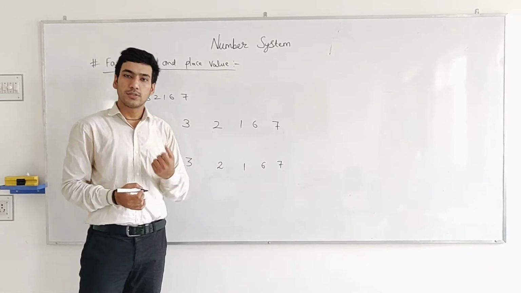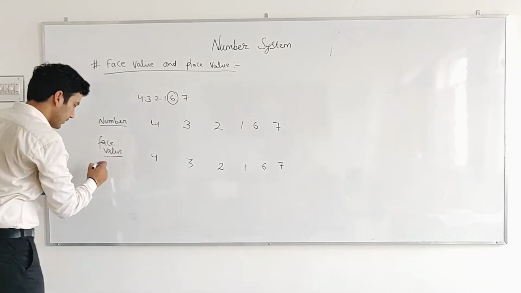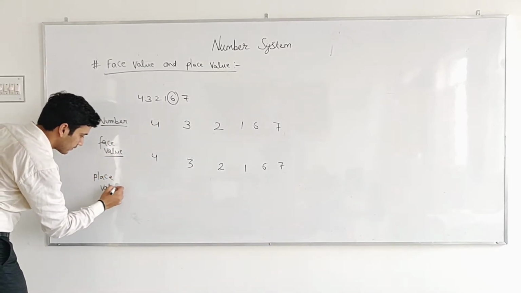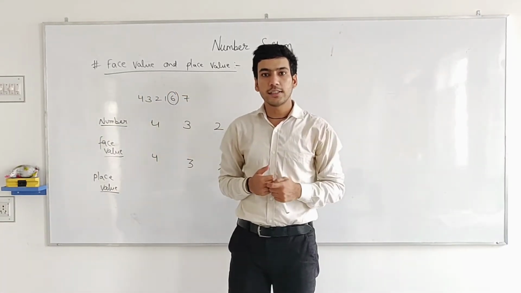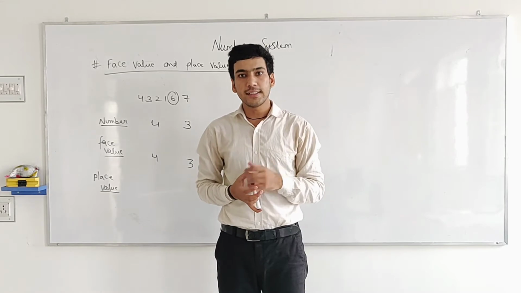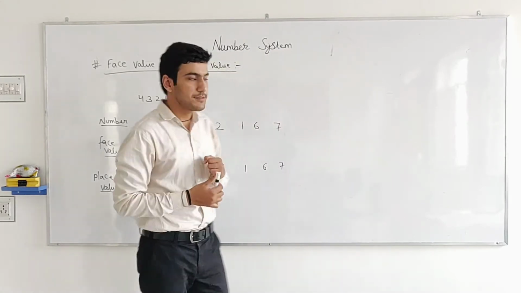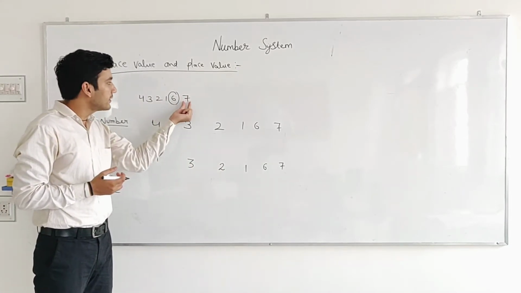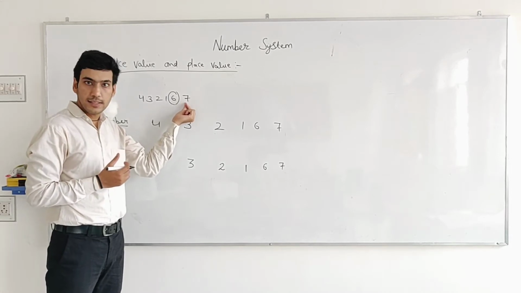Okay students? Now we learn the place value of these digits. How do we find the place value of any digit? The place value of any digit is based on the place of that digit. If you want to find the place value of 6 or 7, first you need to know on which place the digit is.